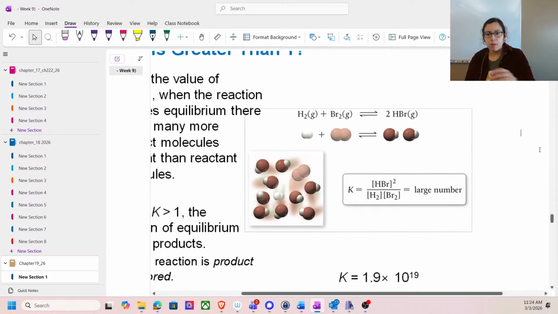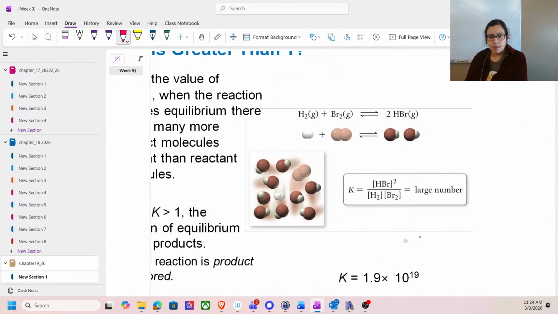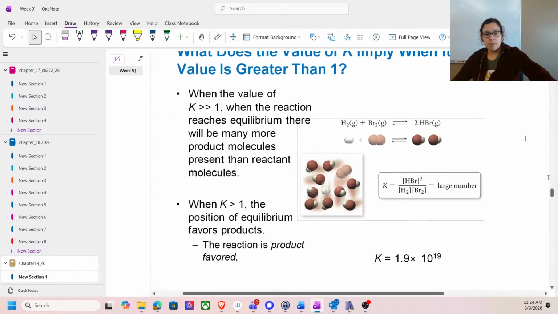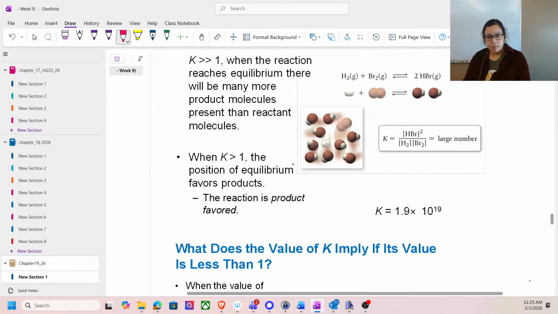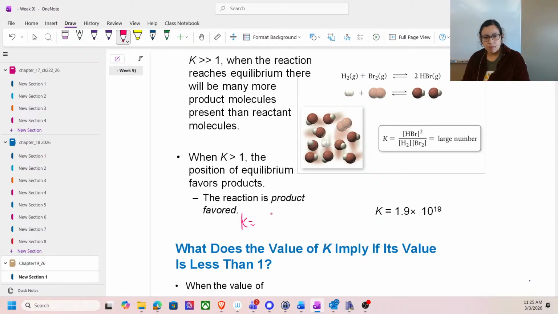So HBr squared over our reactants. And then K is a very large number. And again, we can just kind of simplify it, right? Product over reactants. And well, generally speaking, this K is now much, much greater than 1, right? So then that's implying that it is favoring the products, right? So then it's going very far to the right with our equilibrium there.